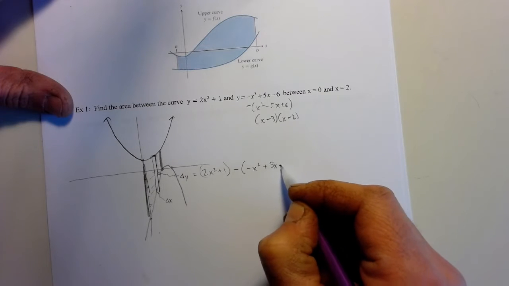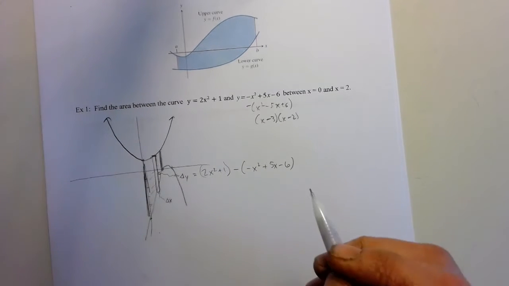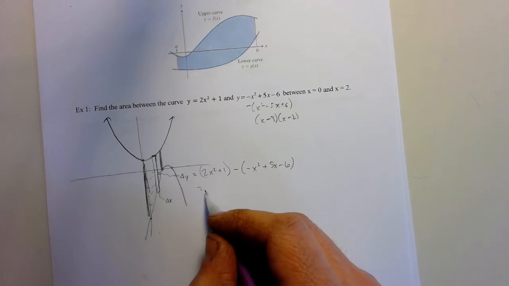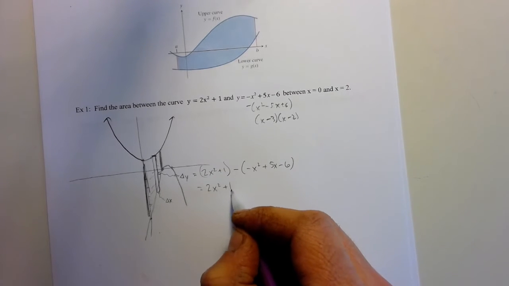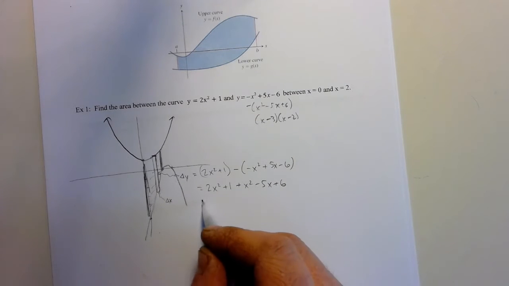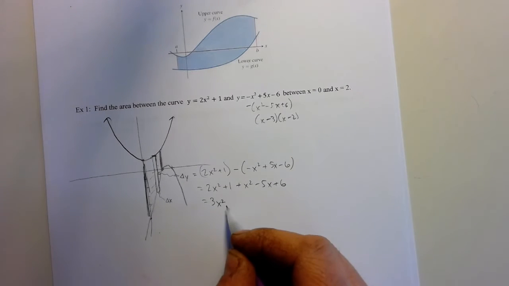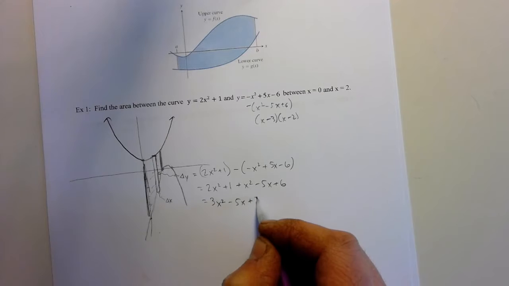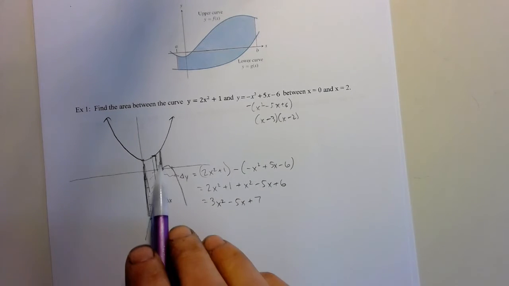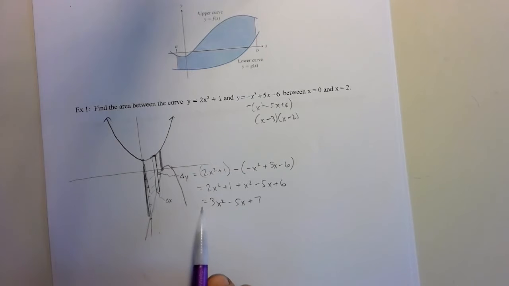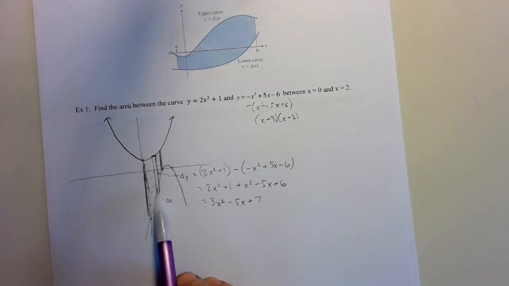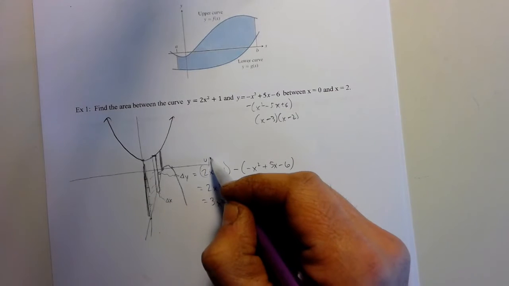So I'm just getting my difference in the y values. There's my function, and this is the height at any given point. That's how tall this rectangle is going to be, going from this function to this function. This is the upper minus the lower.